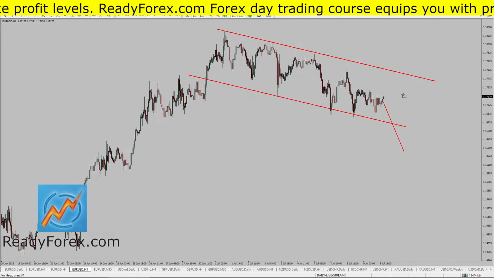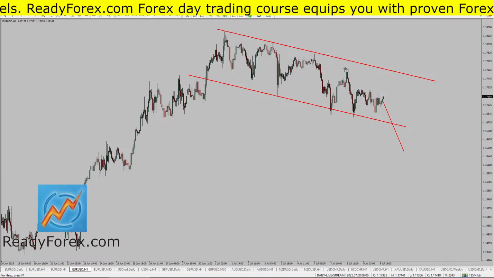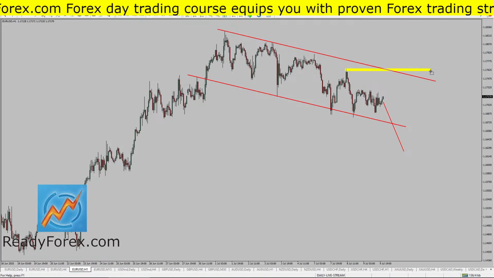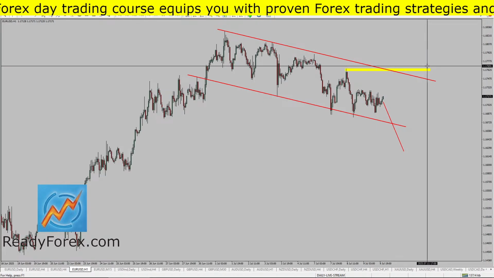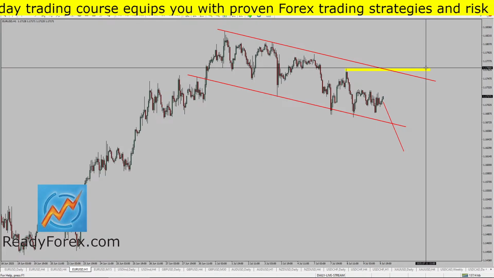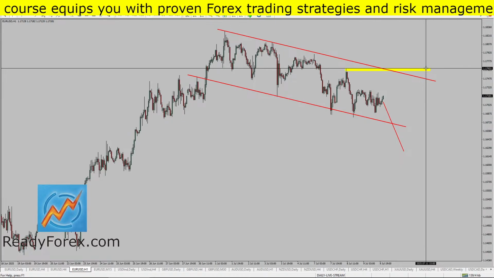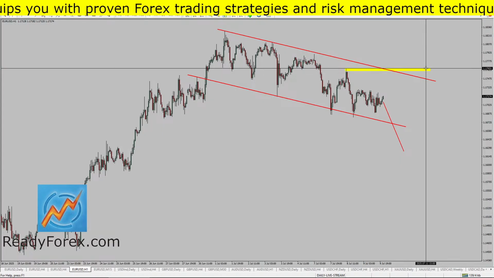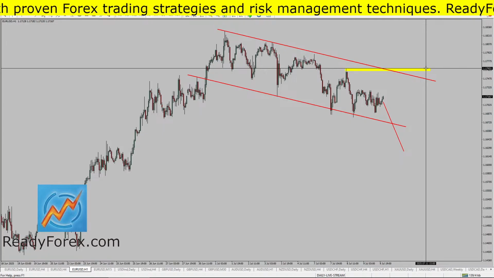If we do get a bullish breakout above this high, here's the high right over here, above 1.1766 level, then I expect further upside in euro dollar currency. Otherwise, price action is slowly moving down inside this bearish trend channel.